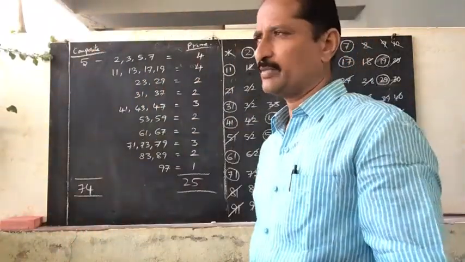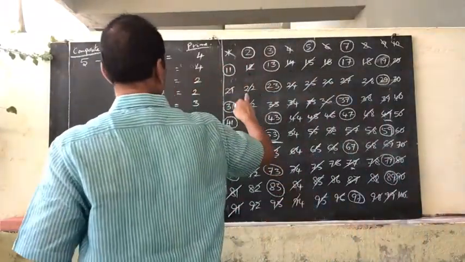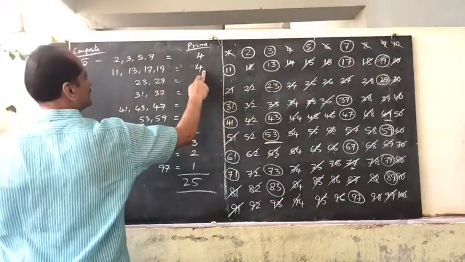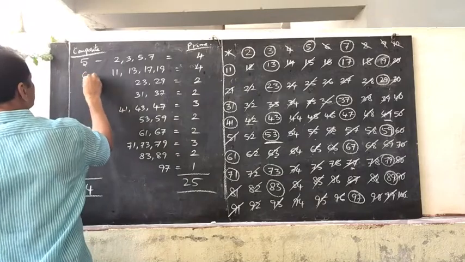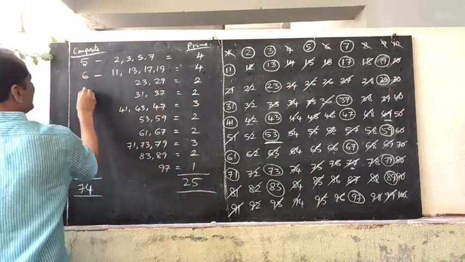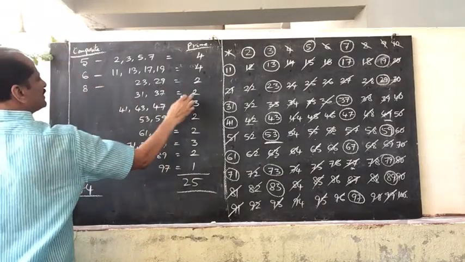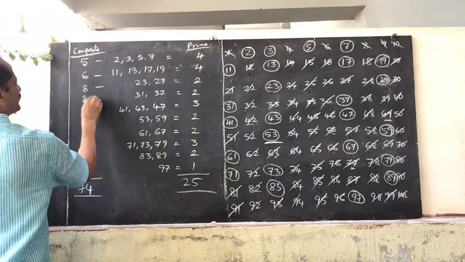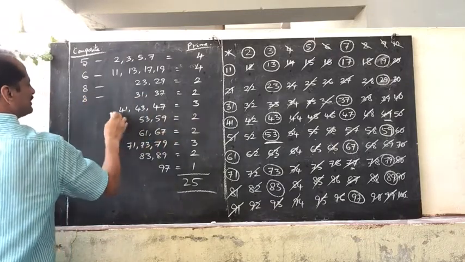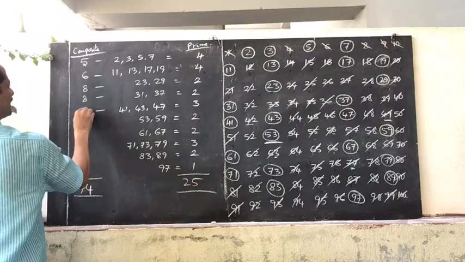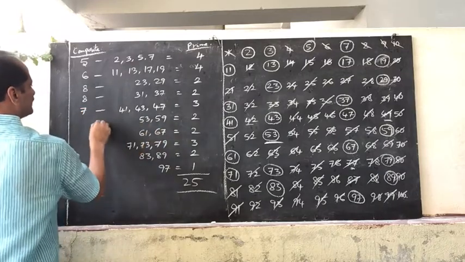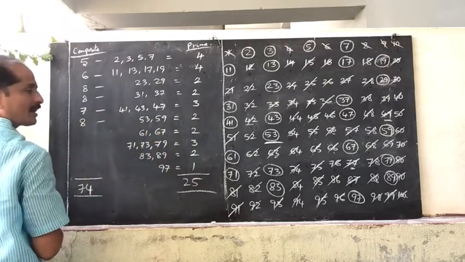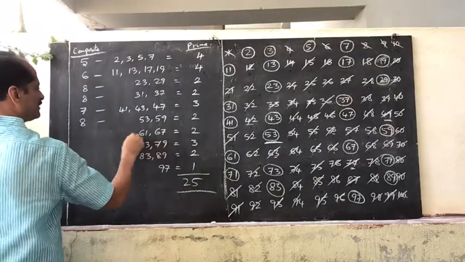74 composite numbers. So what will be the here? How many are there? 4. So rest 6 composite numbers. Here we have 2. Rest 8 composite numbers. Here 2. Already 8 composite numbers. Here 3 means 3 plus 7. 7 composite numbers. 2 means 8 composite numbers. 2.